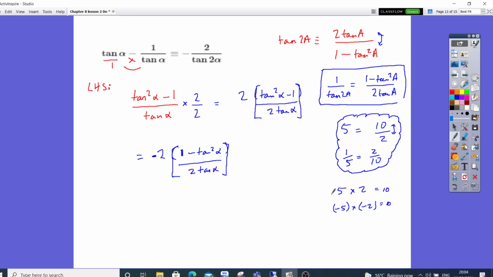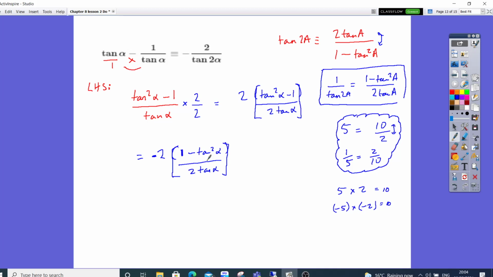So by doing that, I know that this, 2 over tan a, 1 minus tan squared a, they're the same, but it's upside down. So I can now use this fact, because this is the same as tan 2 alpha, but flipped over.